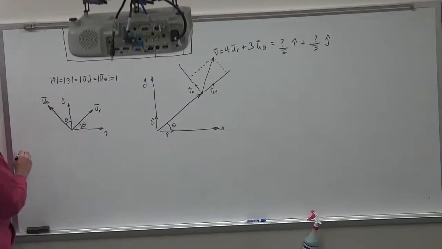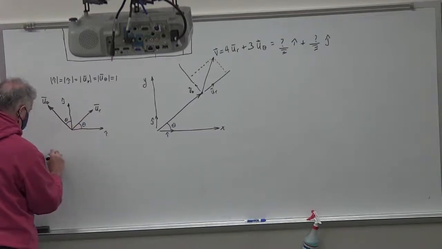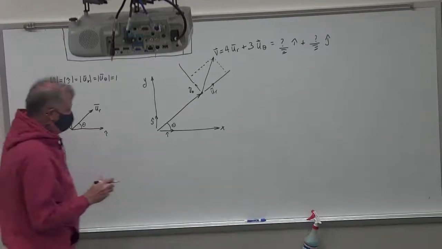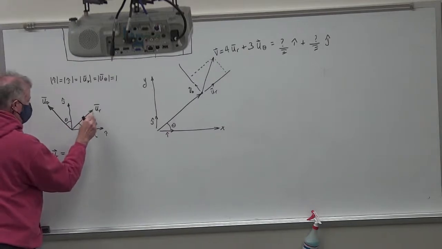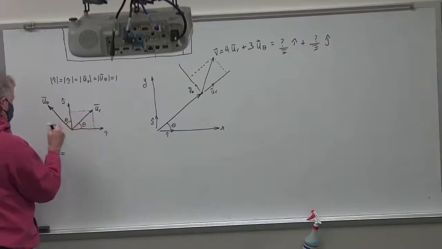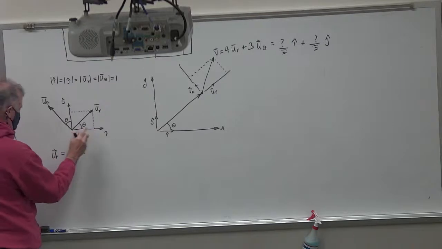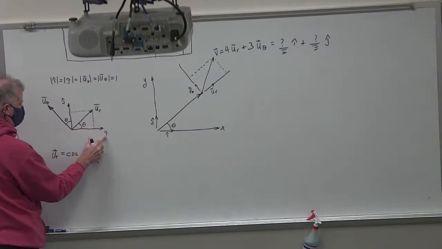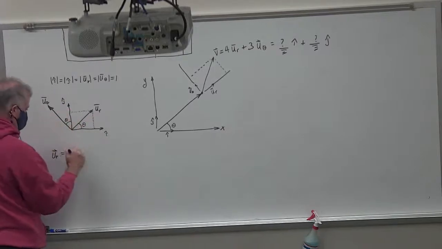So if you turn around and say, I want to focus on u_r, represented in i and j, then what you find out, at least I write i first, and u_r first, and then j second, and u_theta, is cosine theta i.